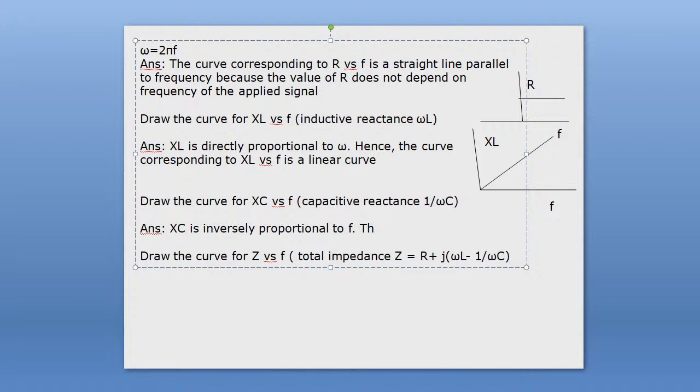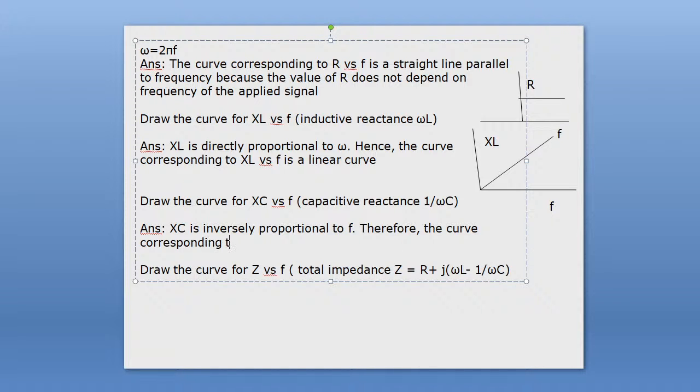Therefore the curve corresponding to Xc versus f is an exponential curve.